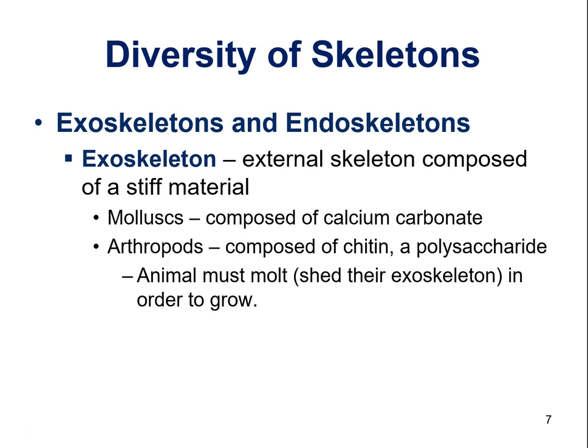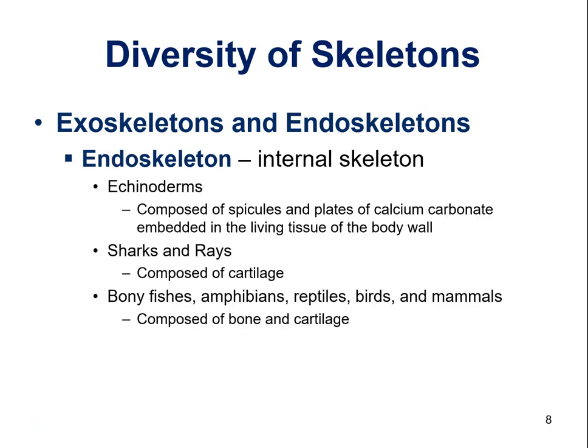If you think of mollusks and shells, like clams, that shell is going to be composed of calcium carbonate. Arthropods, like insects, have an exoskeleton composed of a carbohydrate called chitin. And with insects, we know that they have to molt or shed that exoskeleton in order to grow, and that does limit their size.